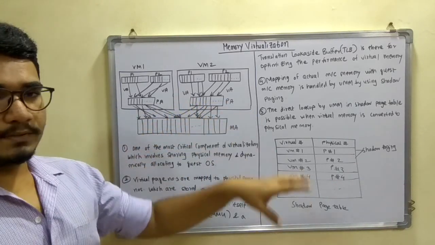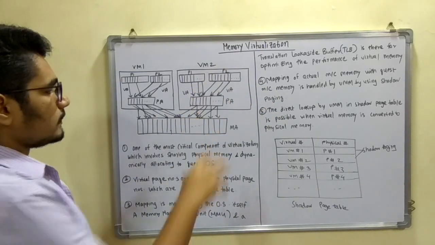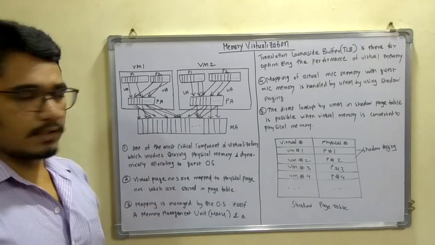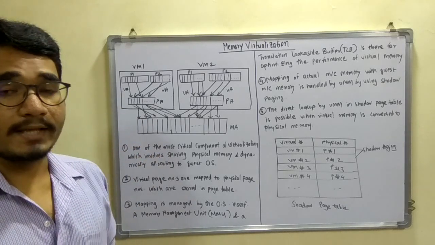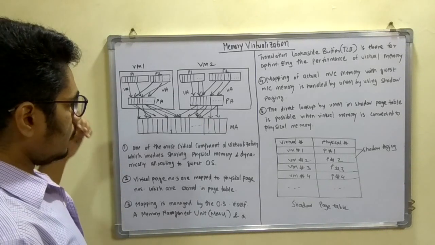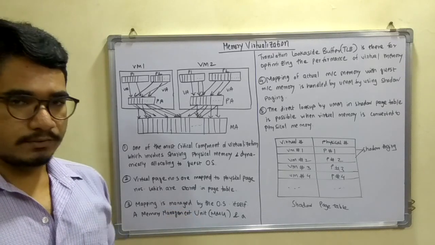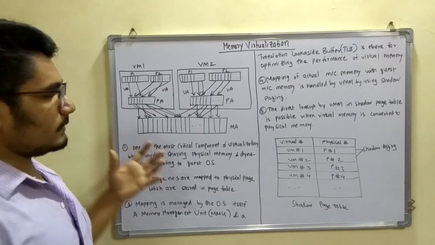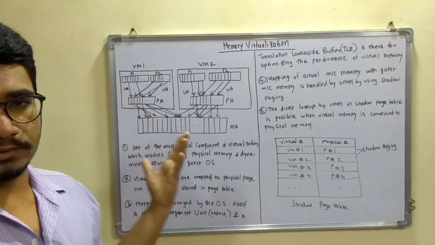When you have multiple VMs connected in series, all of them will contribute together to this machine address and form one single page table. This single page table can be used for caching mechanism and other activities for easy access. Now this MA, the machine memory, comprises various things that we'll discuss in the theory section. So that's the basic walkthrough of the diagram for memory virtualization.